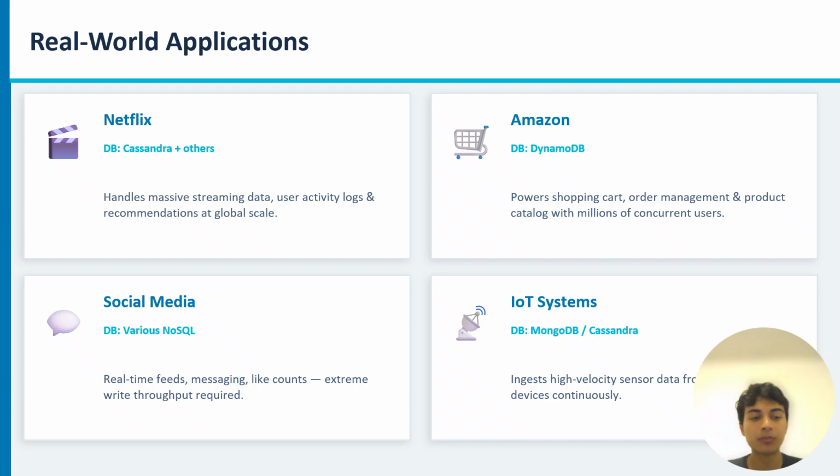And social media platforms also rely heavily on NoSQL. Every like, comment, or message is happening instantly, and the system needs to process a huge number of writes very quickly. And in IoT systems, sensors continuously send data every second. So NoSQL databases are ideal here because they can handle high-speed continuous data streams. So overall, NoSQL is used in systems where speed, scale, and flexibility are critical.